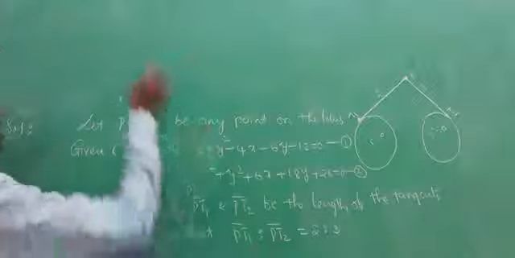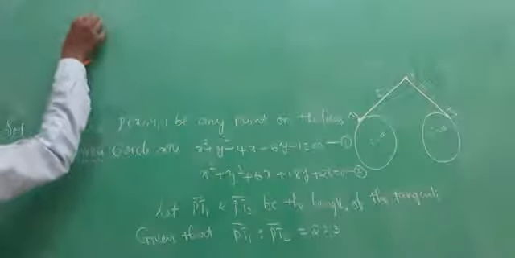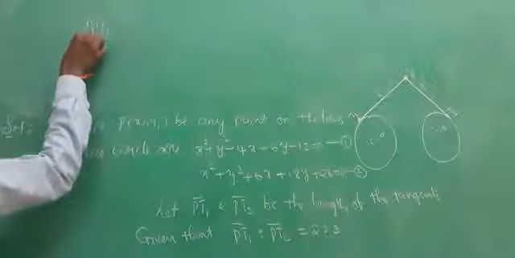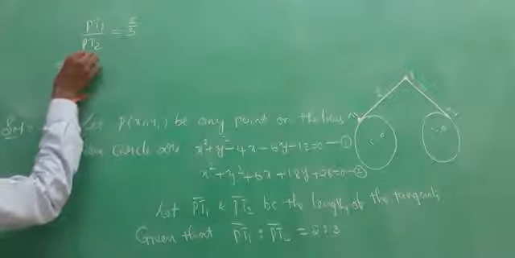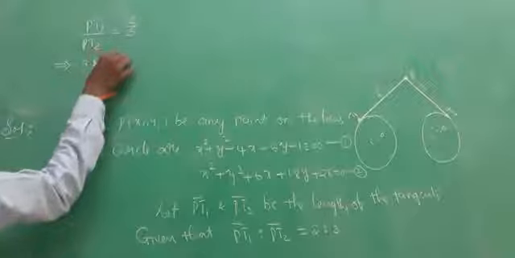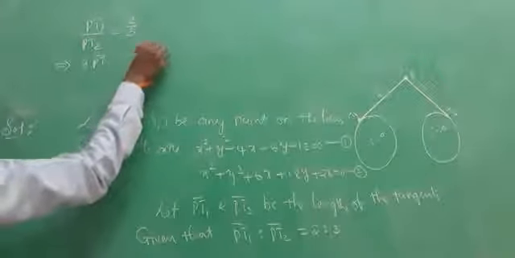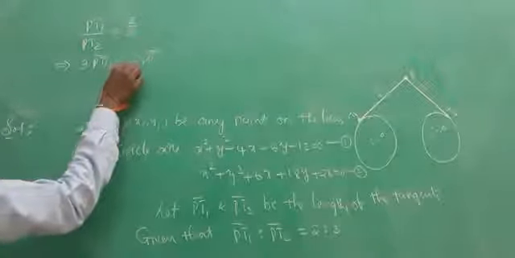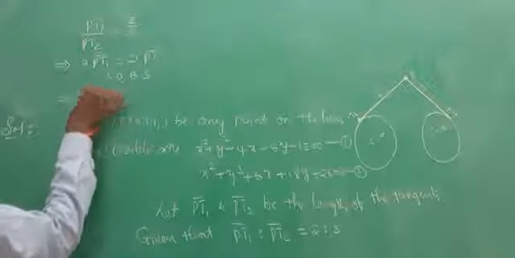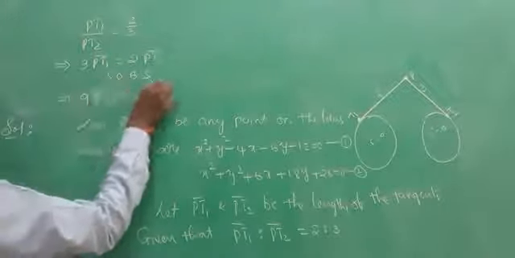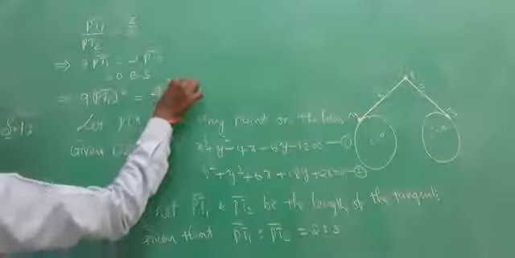See, PT1 is to PT2 means PT1 upon PT2 is equal to 2/3. By cross multiplication, 3 PT1 is equal to 2 PT2. Now squaring on both sides we get 9 PT1 square is equal to 4 PT2 square.